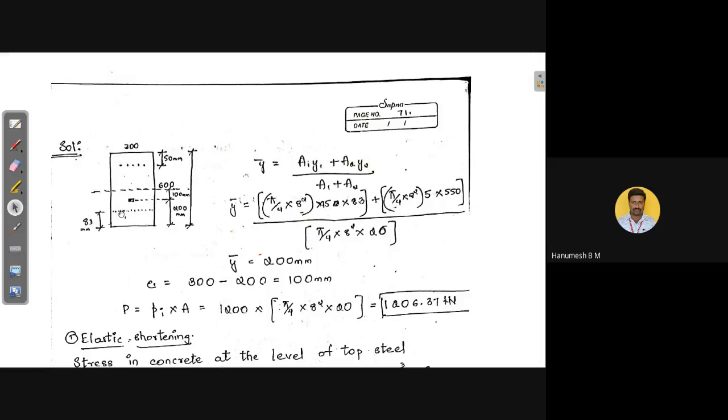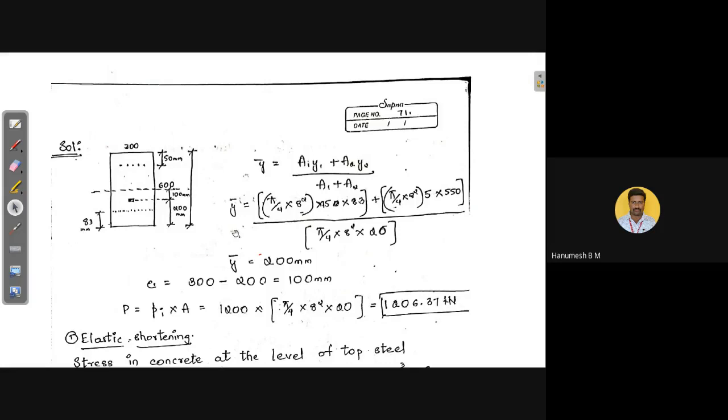Here there are high tensile wires in two positions. For that, first we need to find out where is the CG of the steel. How to find out the CG of the steel? From the basic concept we have y bar is equal to a1 y1 plus a2 y2 divided by a1 plus a2. We can take any one as the reference axis.